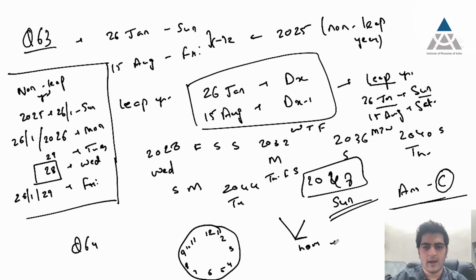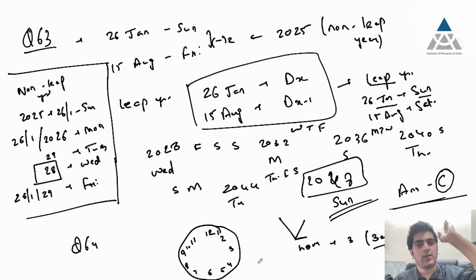So for example, the hour hand will be on 3 only when it is 3 a.m. or 3 p.m., correct? Because at this point the hour hand will be on 3. After that it will be between 3 and 4. So the hour hand will be on 1, 2, 3 and so on only at those particular times. And obviously at 3 a.m. sharp, your seconds and minutes hands are on 12 exactly, correct?